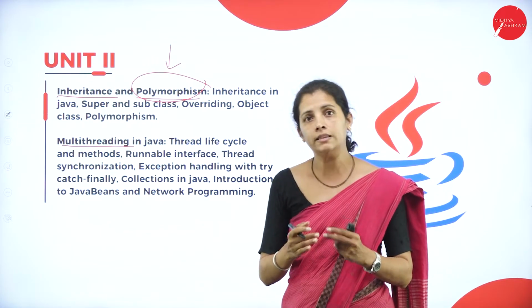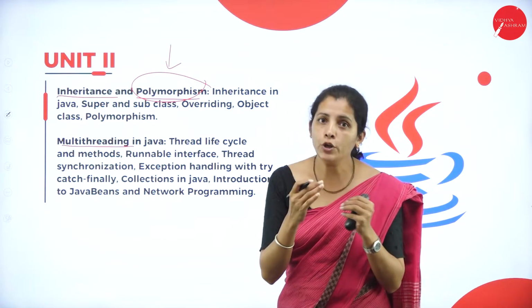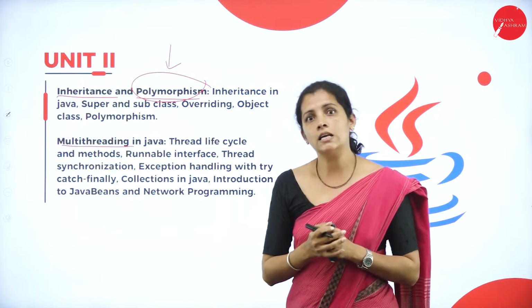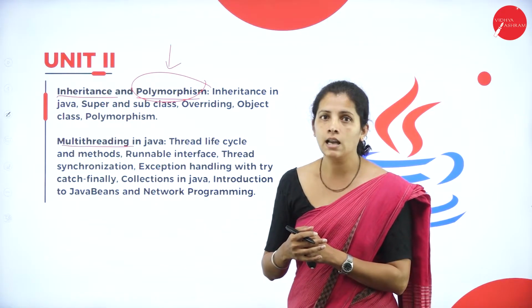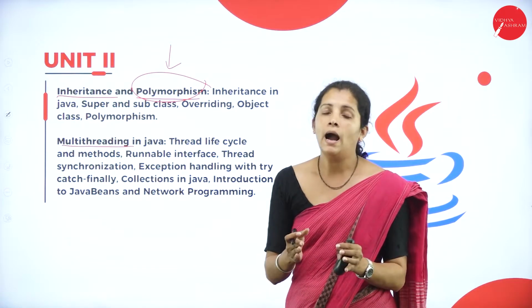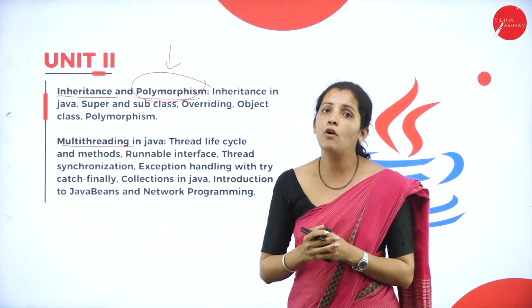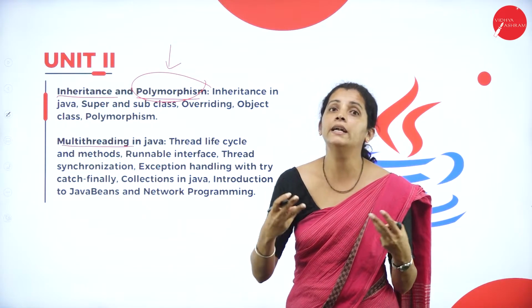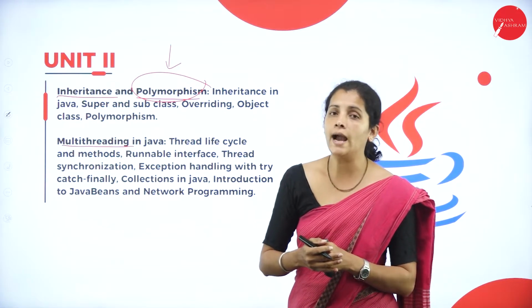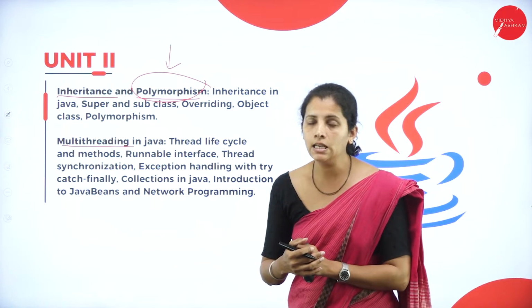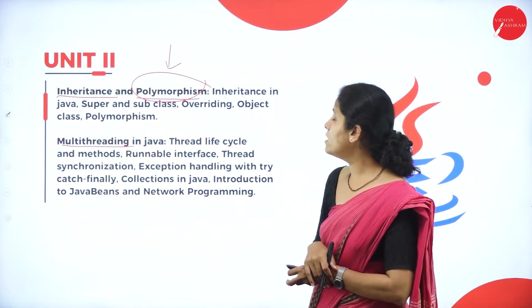For example, think that I'm a faculty member and I'm going to take theory classes as well as practical classes. So here I am one person but responsible for performing different tasks. That is, I'm going to take a theory class, along with that, I'm going to take a practical class. So here, this is the best example for polymorphism.